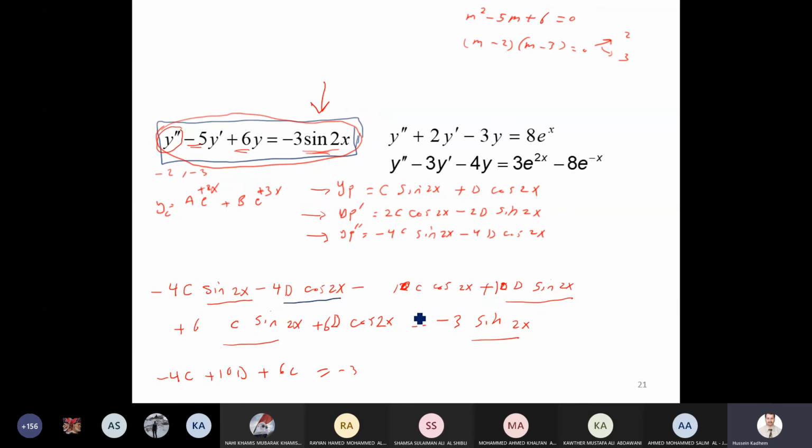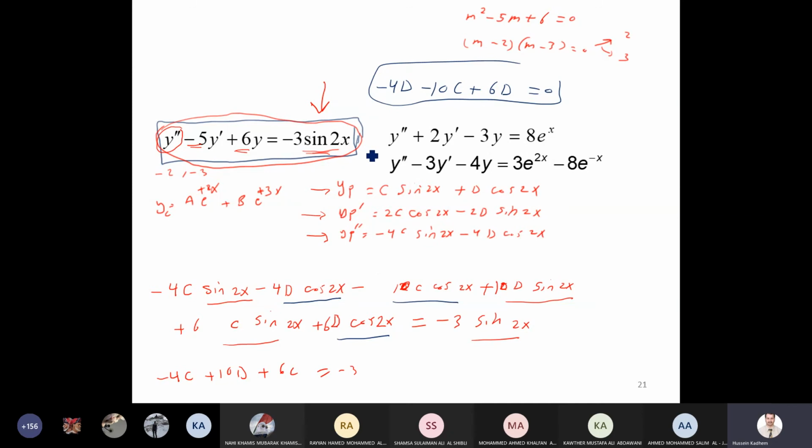Let me go for the second one, which is cosine. For cosine, here and here and here, nothing on the right, which means 0. So minus 4d minus 10c plus 6d equals 0. This is another equation: two equations with two unknowns.